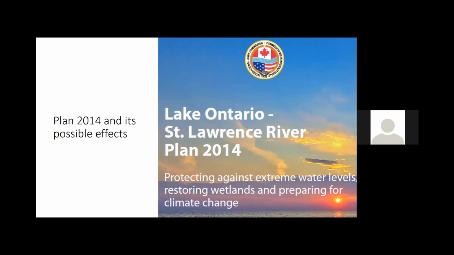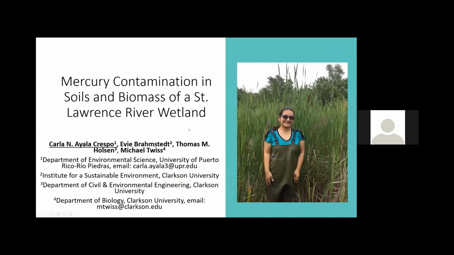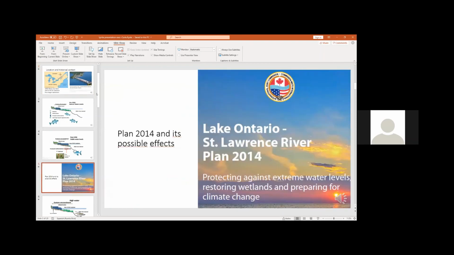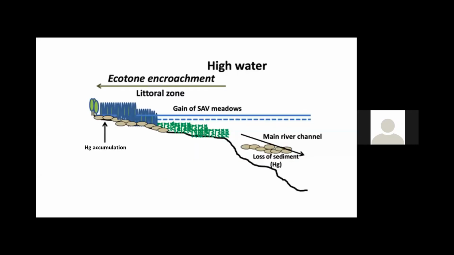Plan 2014, enacted in 2017, is an ecological restoration plan that seeks to provide more natural water level fluctuations to support the diversity of this area without interrupting the dam services.